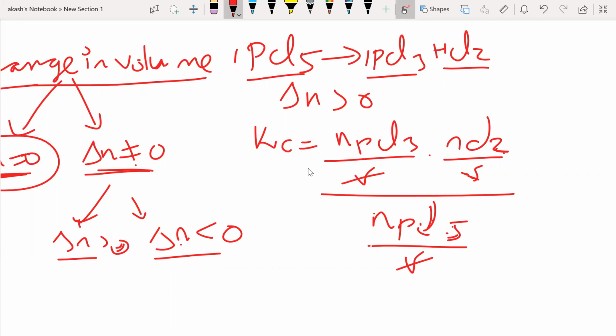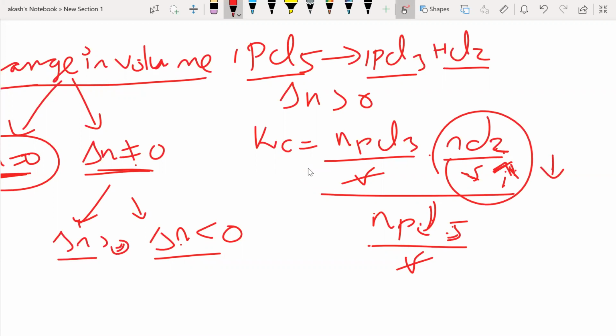Now say I'm going to increase this volume. I'm going to change the vessel from a 3-liter vessel to a 5-liter vessel. So what will happen if I increase the volume? This term is increasing, so this term will decrease.